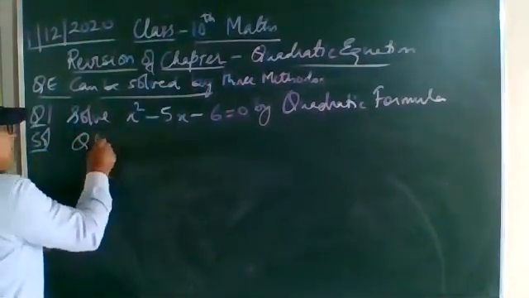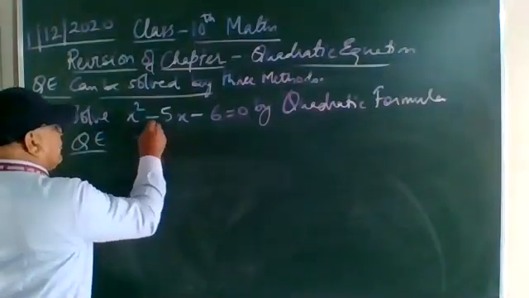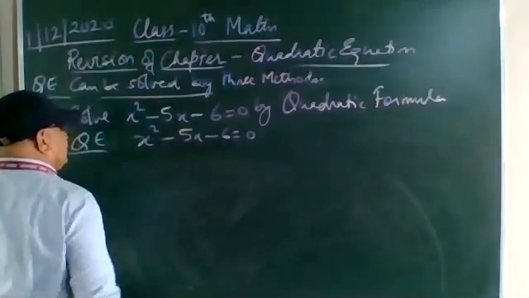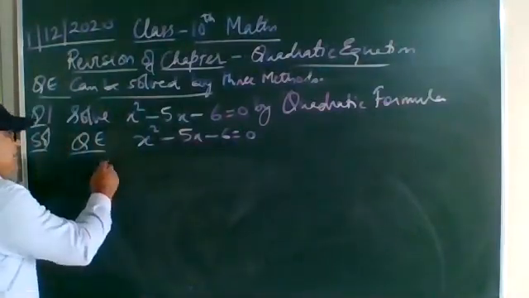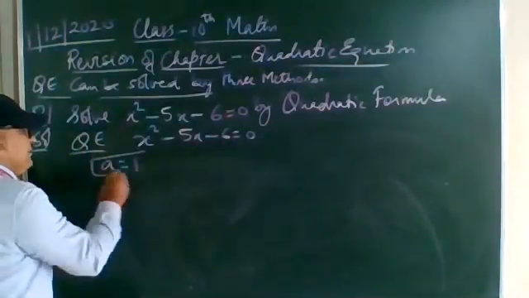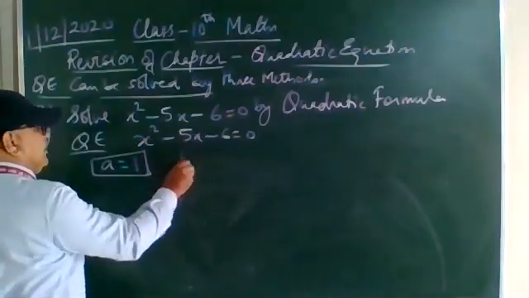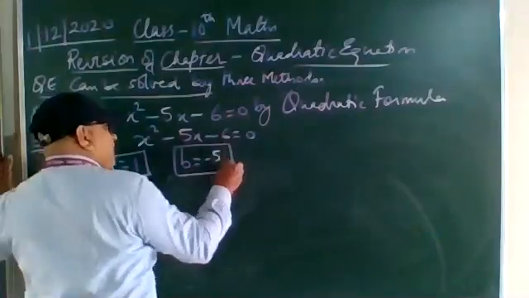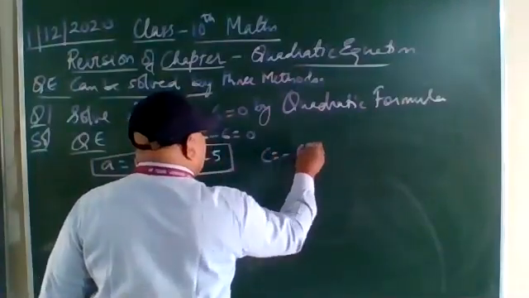Now the quadratic equation x square minus 5x minus 6 equal to 0. Find out the values: a is 1, b is minus 5, c is minus 6.